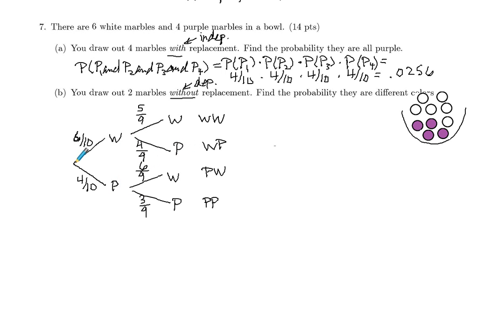And now multiplication rule, you multiply on the branches. So 6/10 times 5/9, which would be 30 out of 90. And then 6/10 times 4/9.